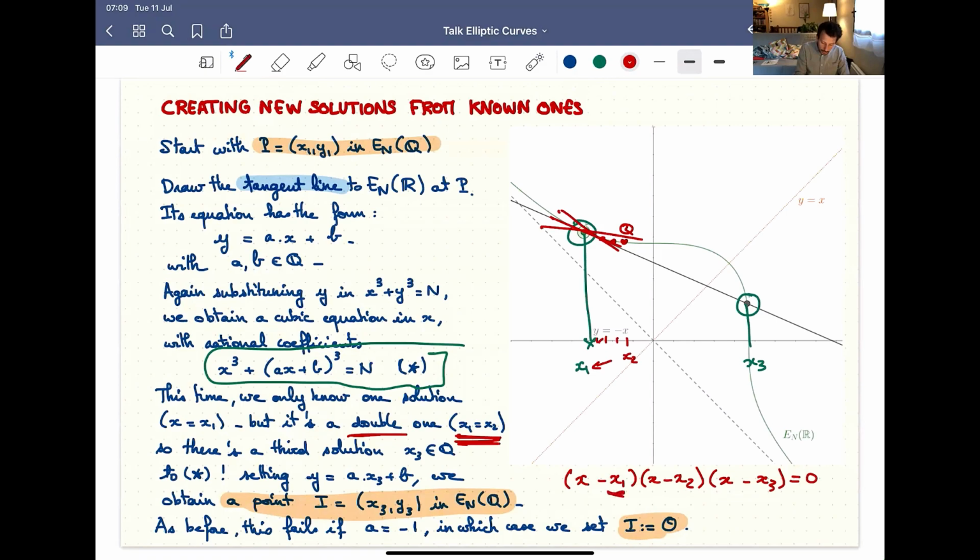So this x1, x2, in the limit, they sort of become equal. Okay, this is sort of a justification of why we say that x1 is a double root. But if you do the computation, then you realize this is true. Okay, then I hope this answers the question. Yeah, okay.